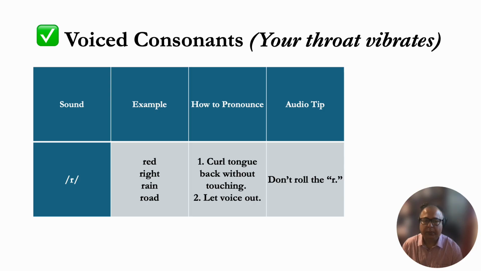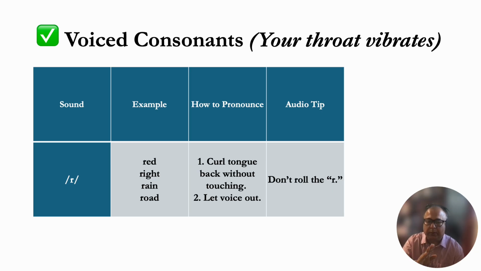Red, right, rain, road. Curl your tongue back without touching. So unlike t and d, do not touch the upper alveolar ridge, or the area behind the alveolar ridge, the hard palate. Don't touch.